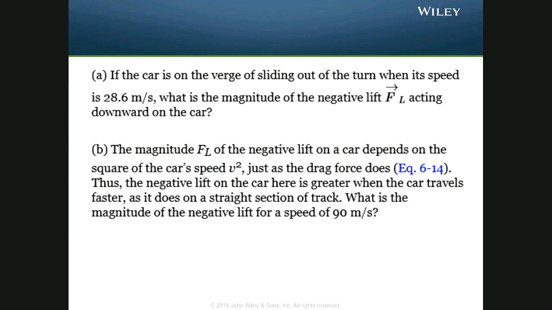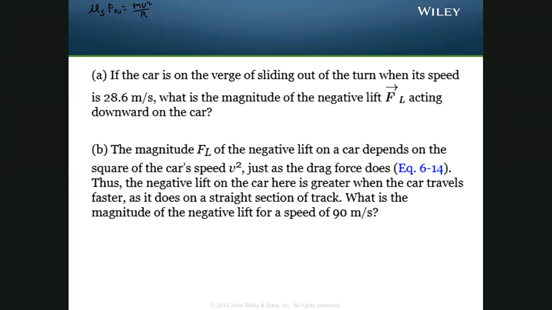Now, recall, just because it'll slow us down a little, we can recall that mu s, the static friction, times Fn is equal to m v squared over r, right?